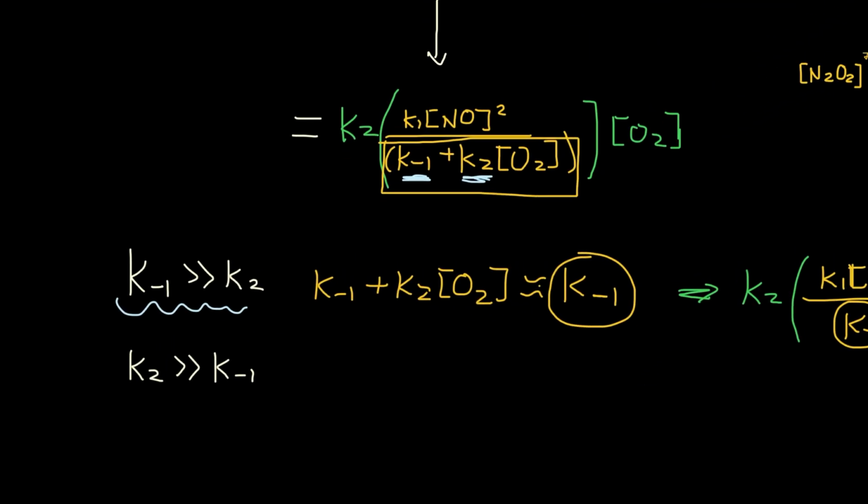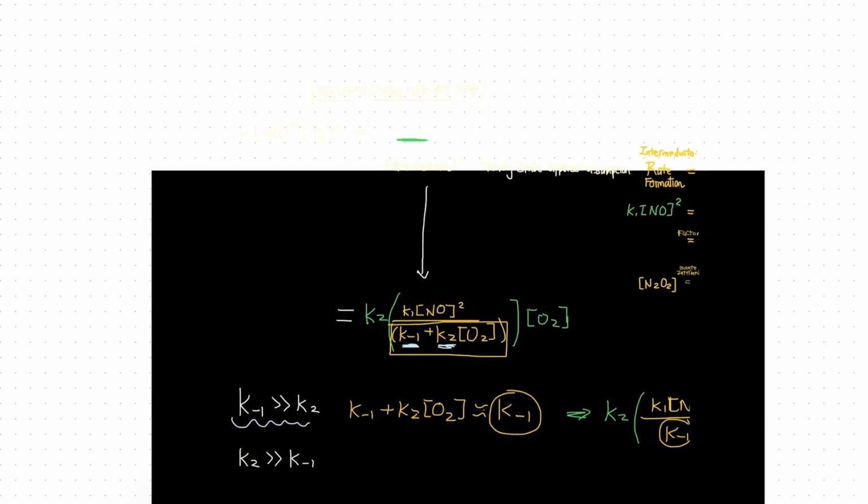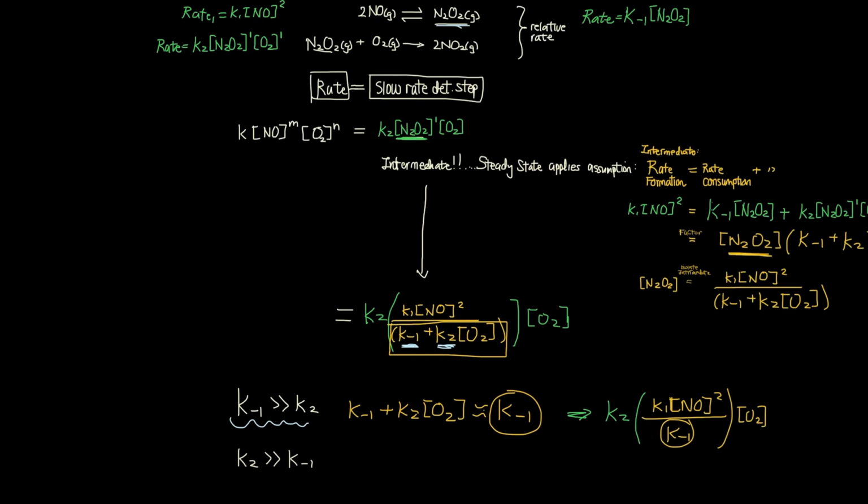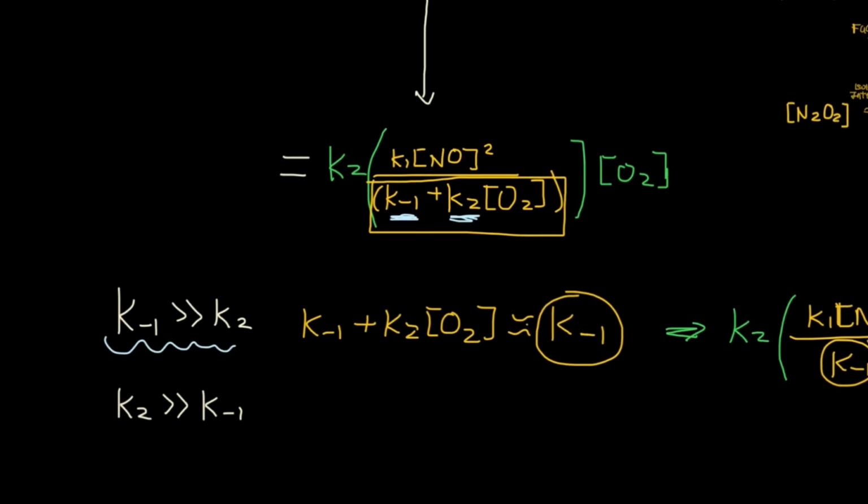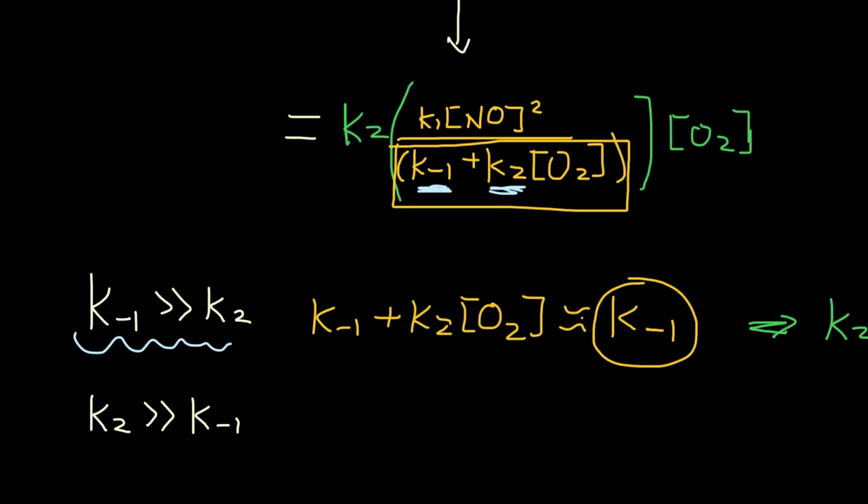Okay, what about the second restriction? The idea is that if the rate of consumption in the second elementary step is greater than the rate of consumption in the first elementary step, then we could basically combine K -1 into K2.